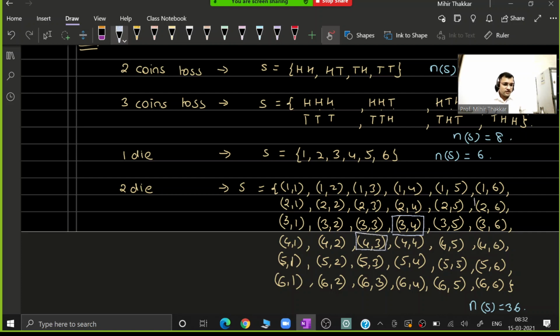If I consider the outcome 2, 6, or if I take the outcome 6, 2, still the product has to be equal to 12. So I can understand that there are 4 outcomes which are satisfying this condition. So when we write the event, we will be writing these 4 outcomes in the event A.